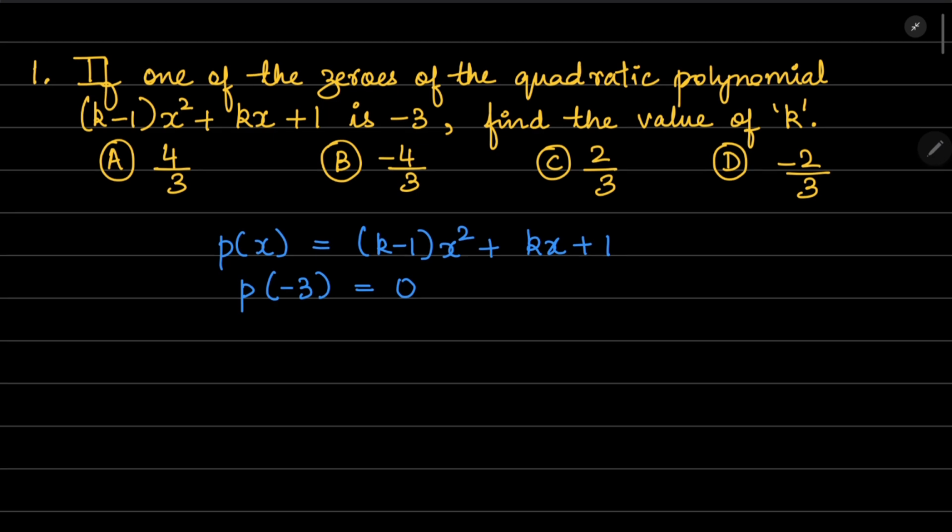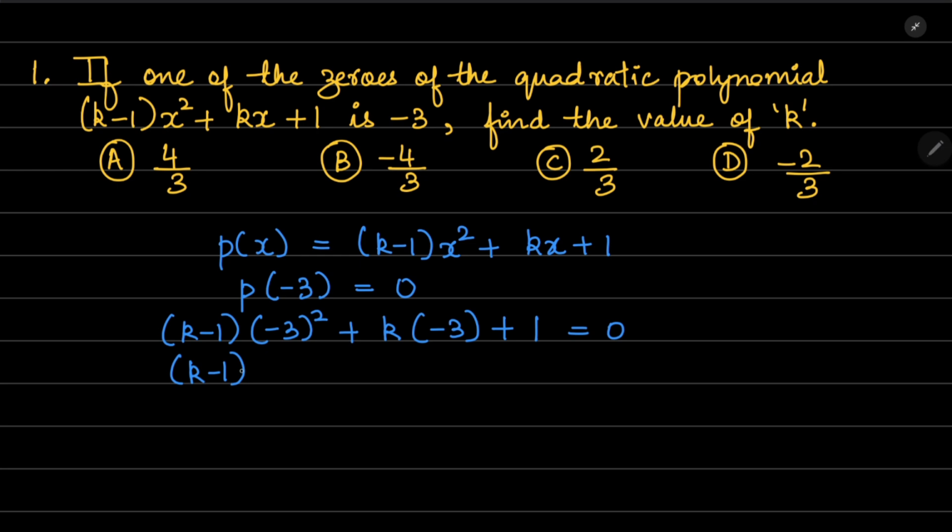Now let us substitute in place of x, we will substitute minus 3 and let us find the value of k. So (k minus 1) multiplied by, in place of x, minus 3, the whole square, plus k multiplied by minus 3, plus 1 is equal to 0.